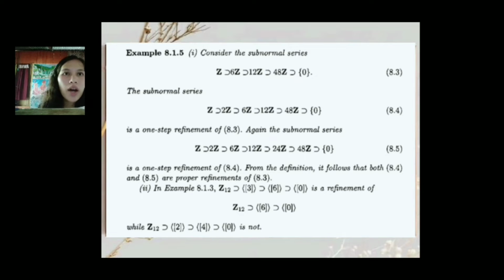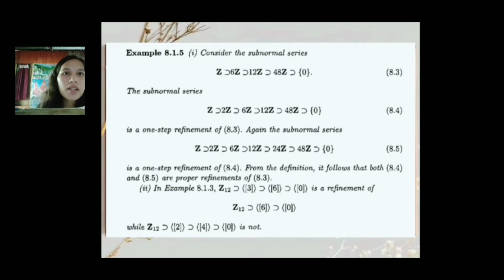Example 8.1.5. Consider the normal series Z ⊋ 6Z ⊋ 12Z ⊋ 48Z ⊋ {0}.